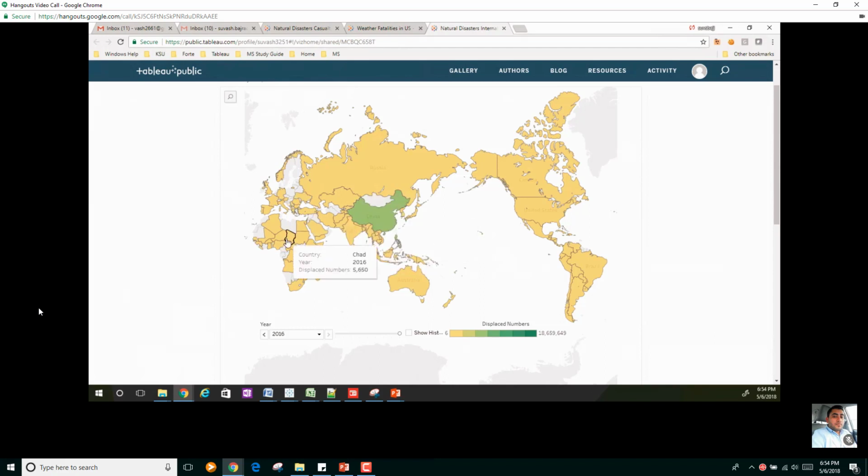So if you notice, the majority of displaced people occur mostly around this region right here: China, India, and Pakistan. I think our analysis is that these countries have the largest populations, and any event will cause major disruption because they just have too many people in their countries.